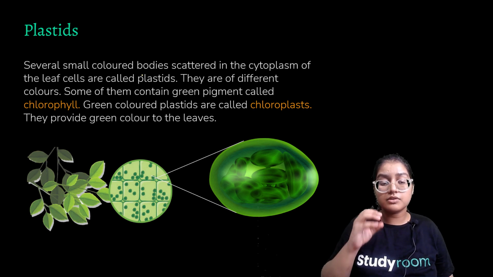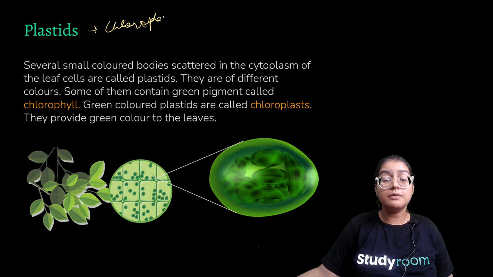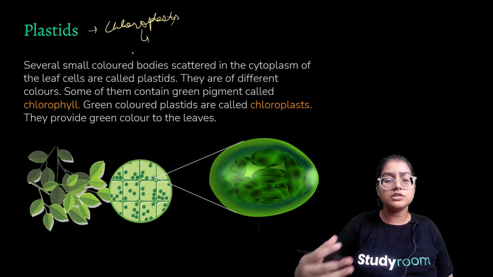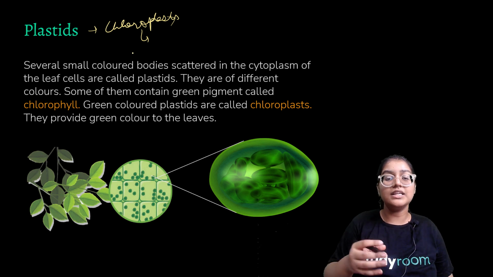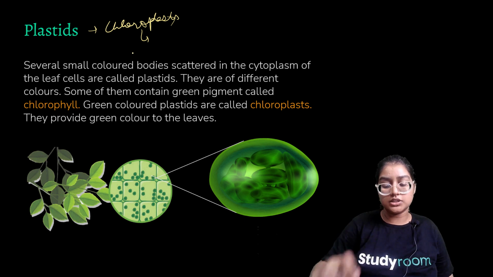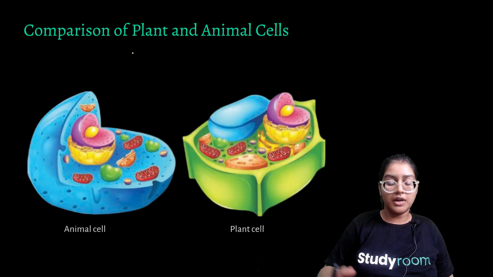The simplest example of a plastid is the chloroplast. Chloroplast helps plants in the process of photosynthesis with the help of a pigment called chlorophyll. So plastids help in several functions. They are colored bodies present only in plants, and they give colors to several parts of the plant structure.